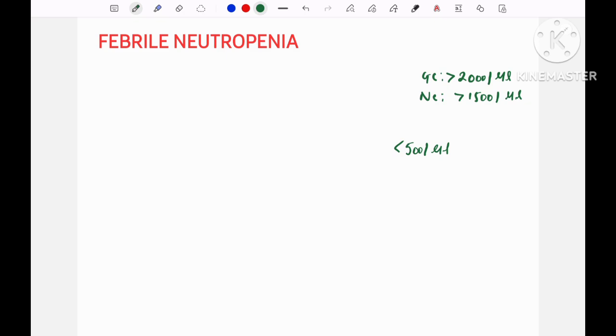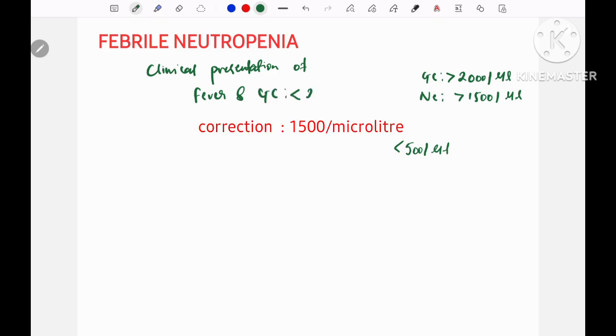And according to Davidson, the definition of febrile neutropenia is taken as a clinical presentation of fever and a granulocyte count less than 1500 per microliter.